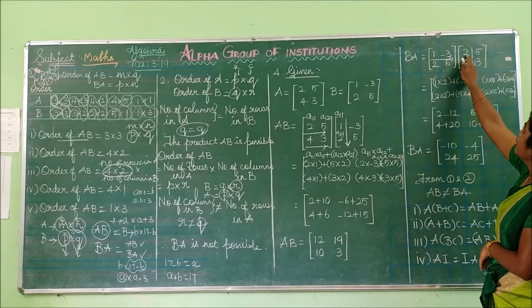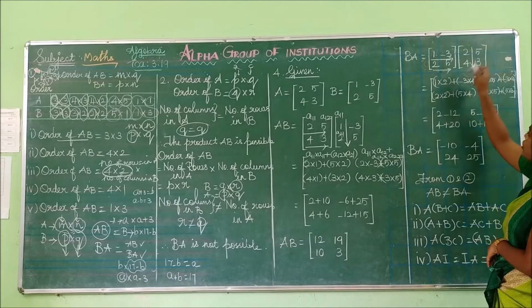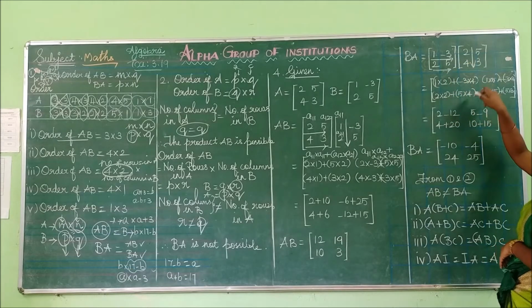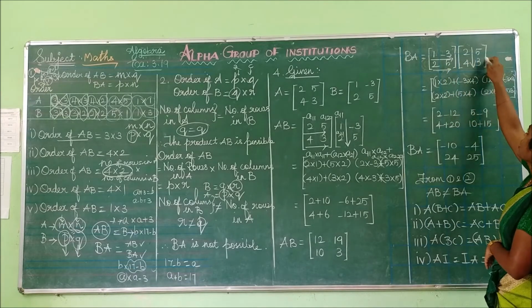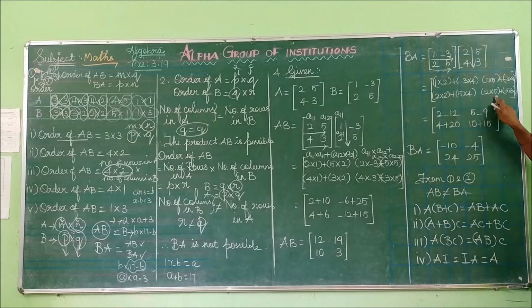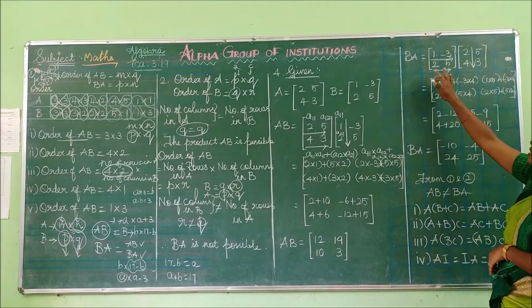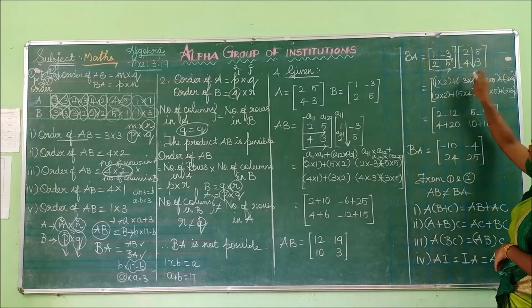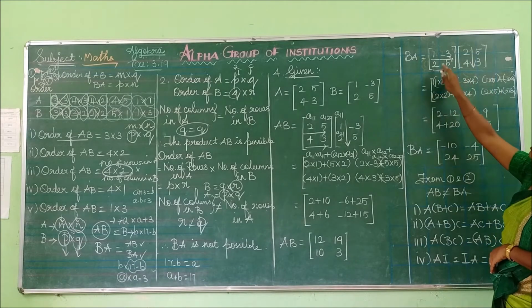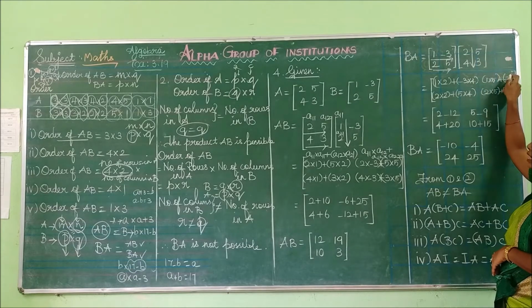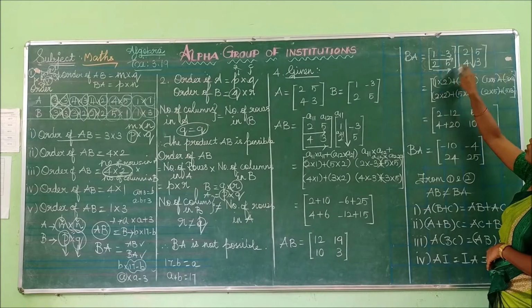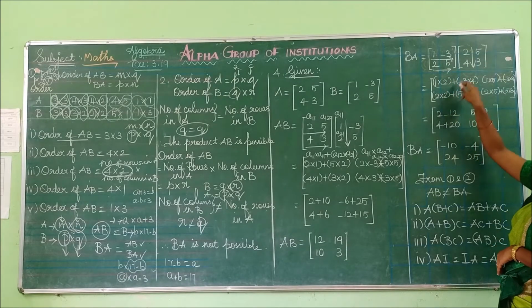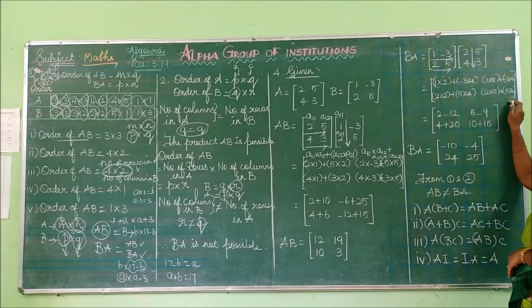Then second row first column: 2 into 2 plus 5 into 4. Then second row second column: 2 into 5 plus 5 into 3. Listen carefully: first row into first column is the first value, first row into second column is the second value, then second row first column is the third value, second row second column is the fourth value.